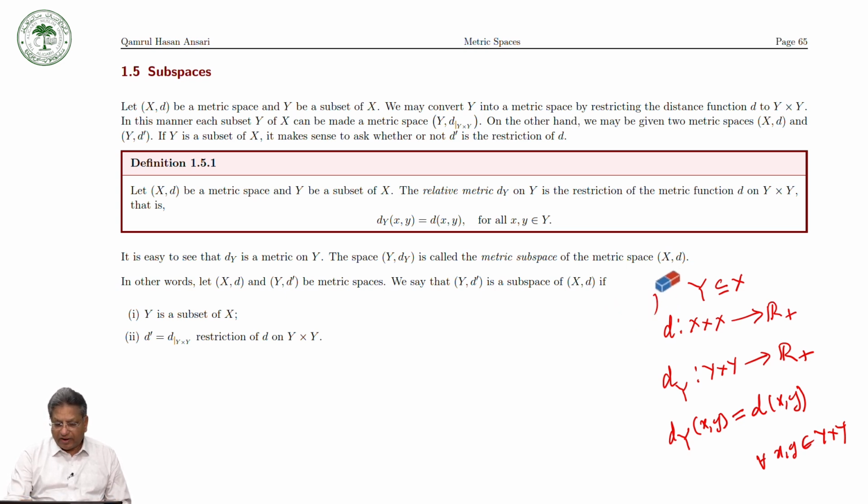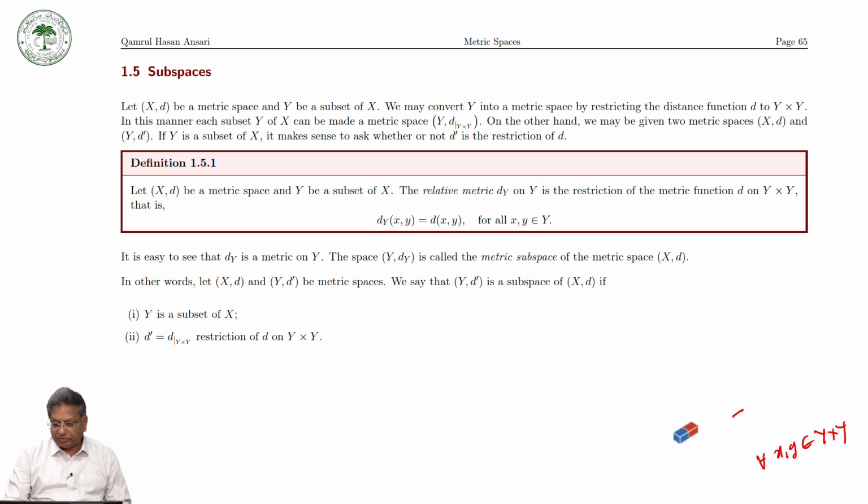This way we can check the restriction of the metric. Now it is easy to see that the restriction function is a metric on Y.